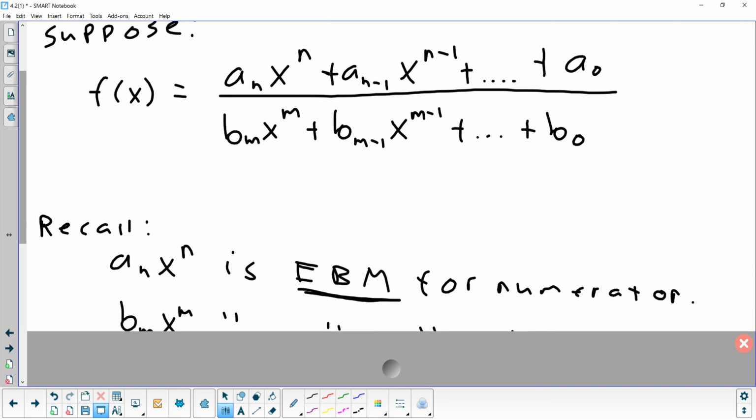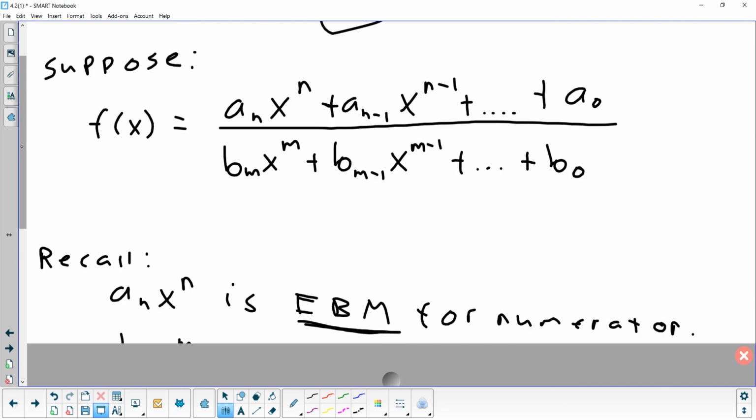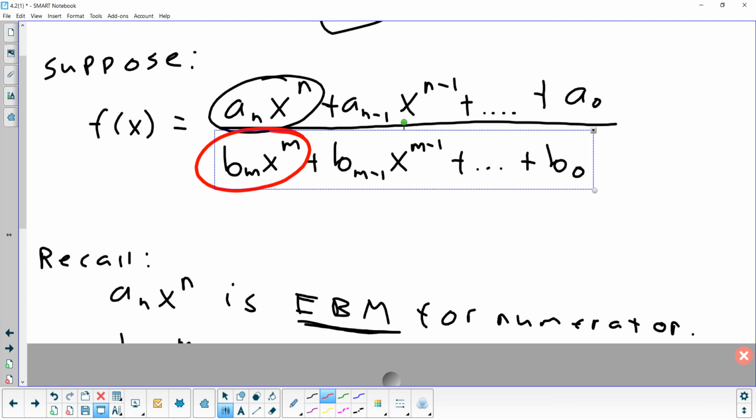So in our case, the way we usually write it is the first term, the term with the highest exponent in the top. Every exponent is lower than that. This is the term with the highest exponent in the bottom. Every other term has a lower exponent than that one.